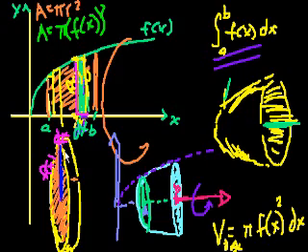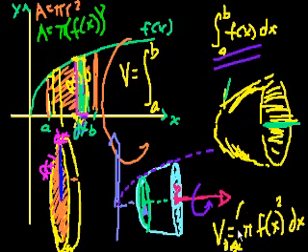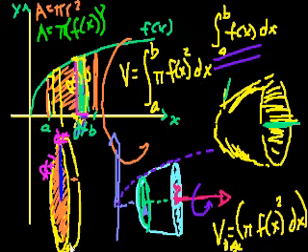So the volume, when you rotate it, is going to be equal to the definite integral between, and remember our boundaries were a and b, between a and b, of this quantity right here, pi f of x squared dx.